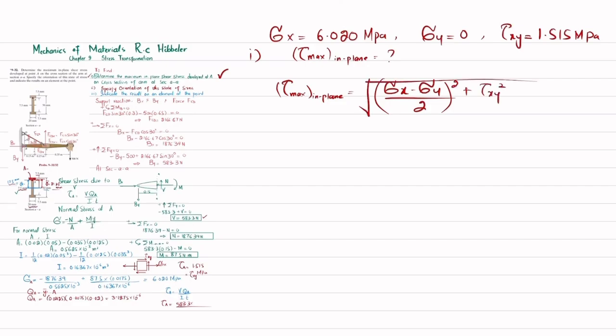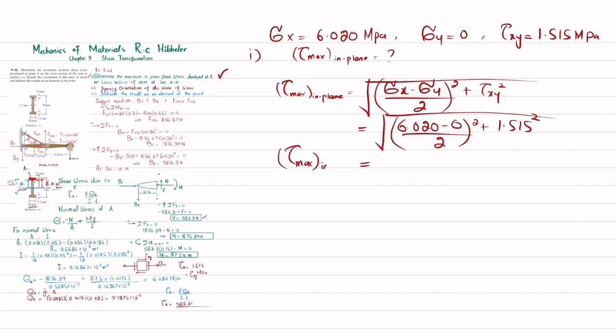So put the value: (6.020 minus 0) divided by 2 whole square plus tau of xy, which is 1.151, square, under the root. When you solve this, you will get maximum in-plane shear stress comes out to be 3.37 megapascal. So this is the answer of our first part.